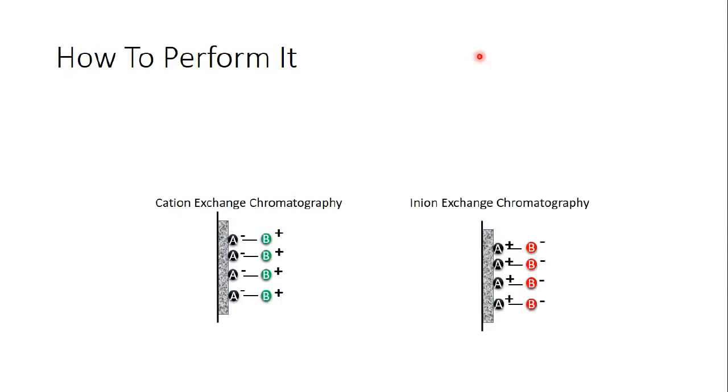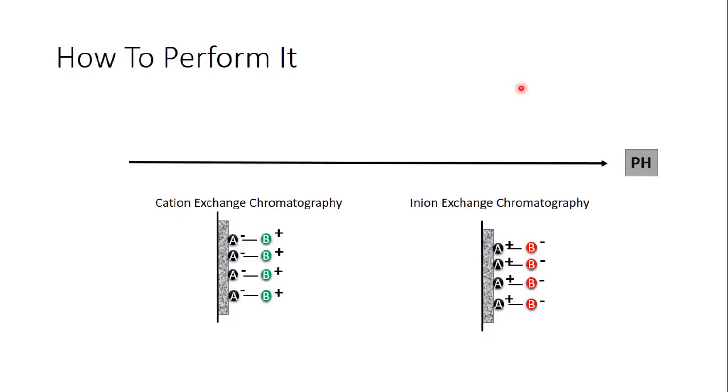Now let's go back to ion exchange chromatography and how to perform it. Before everything, in order to perform ion exchange chromatography, we should choose between cation exchange chromatography and anion exchange chromatography. How does it happen? It depends on the protein I need to separate. So let's go to the pH gradient, let's say between 1 and 10.